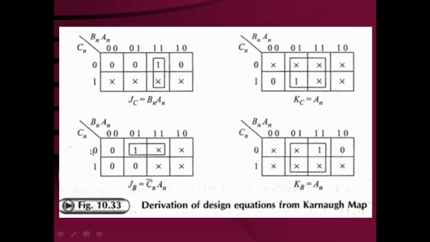Here in this figure 10.33, you can see that this is the Carnot map of three variables. JC is a function of the present state Cn, Bn and An. Cn is taken on this column, Bn and An is here. The present state is going to be 0, 0 and 0. If you consider, this column is going to be 0, 0.